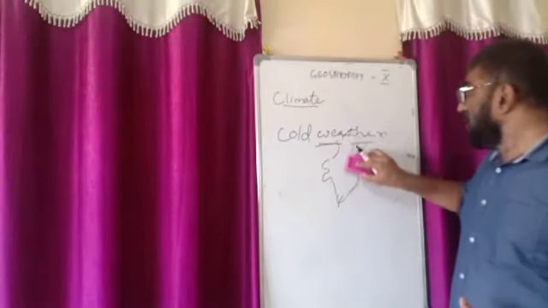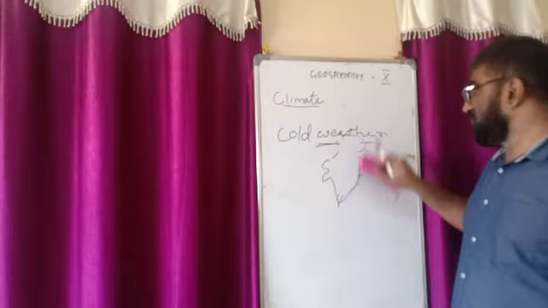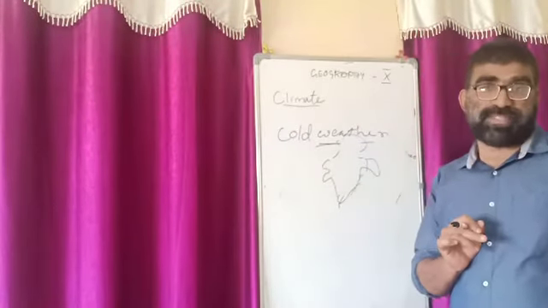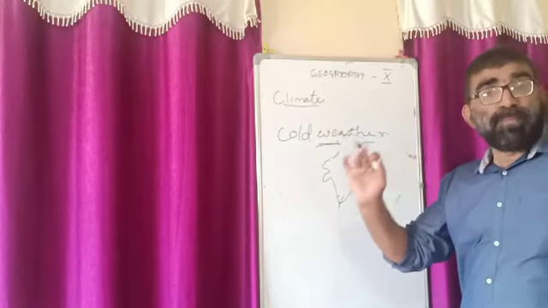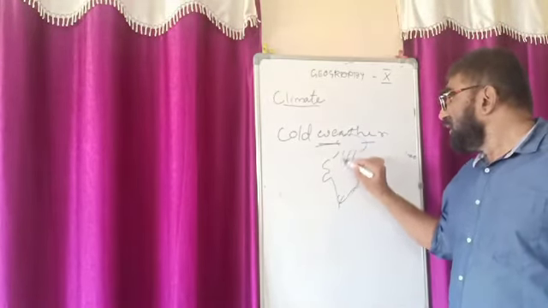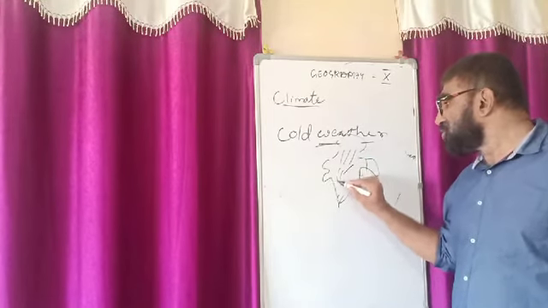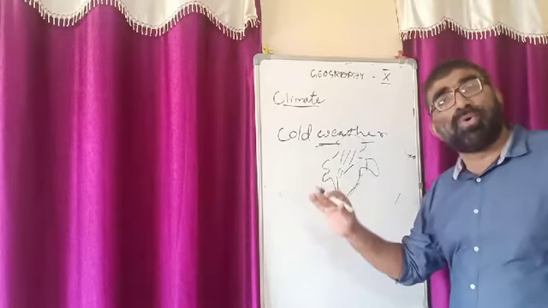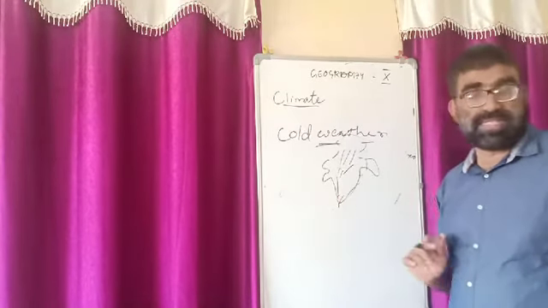These northeast monsoon winds are offshore winds. As they blow from land to sea, they do not cause any rainfall. And these winds are not able to cross the Deccan Plateau, so they do not blow to the Arabian Sea.